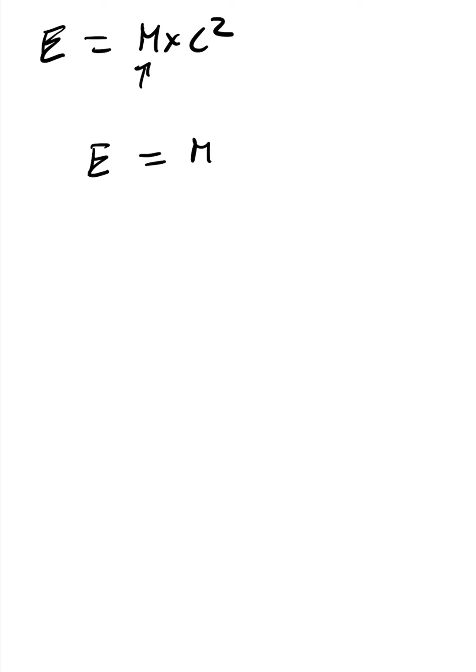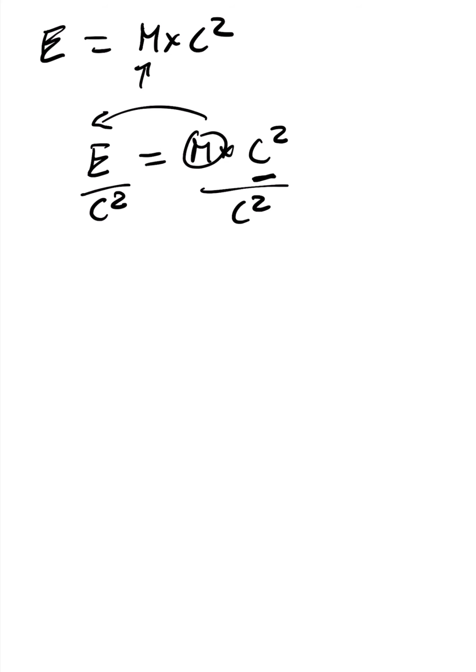E equals mc squared. So in order to do that, I have to bring this C over here and isolate the M. And to do that, I simply divide energy by C squared. And I do that on both sides of the equation. And this simply cancels out.